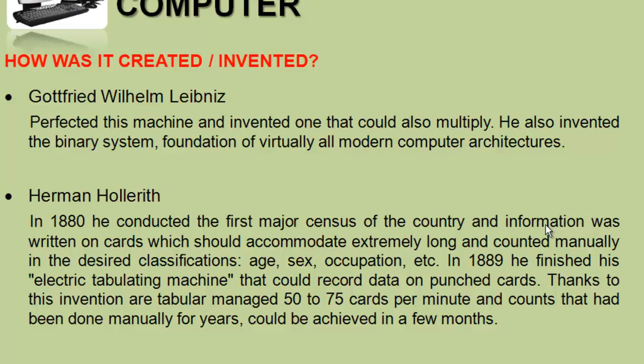Herman Hollerith. In 1880, he conducted the first major census of the country, and information was written on cards and counted manually in the desired classifications: age, sex, occupation, etc. In 1889, he finished his electric tabulating machine that could record data on punched cards.